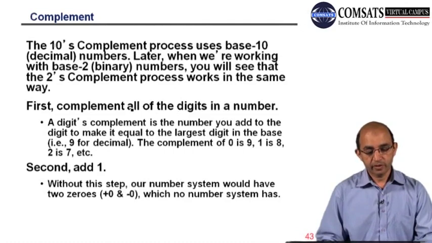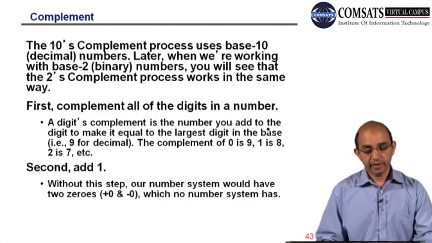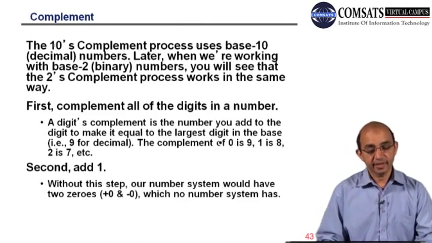First, complement all the digits in a number. A digit's complement is the number you add to the digit to make it equal to the largest digit, that is 9, in the base. The complement of 0 is 9, 1 is 8, 2 is 7, and so on.